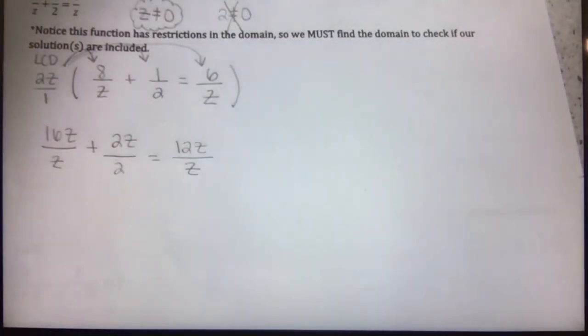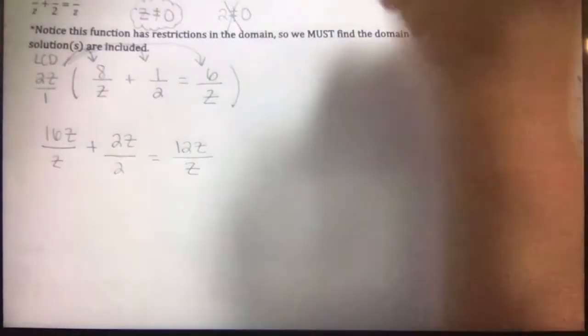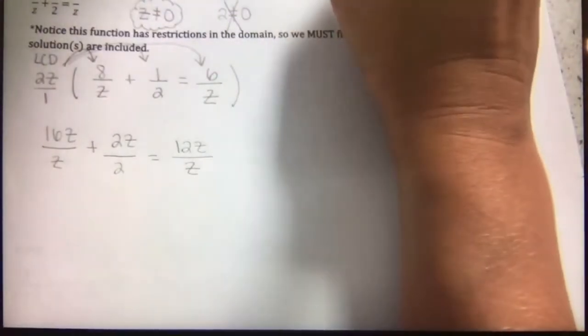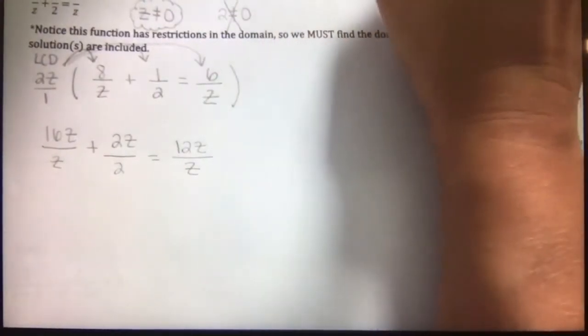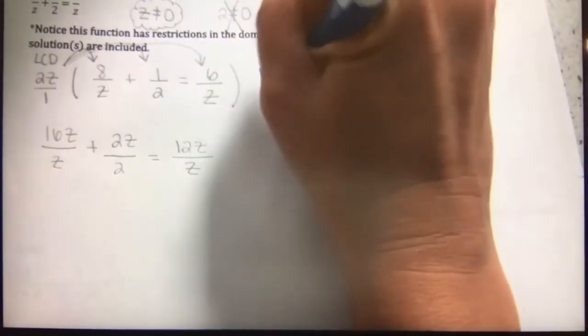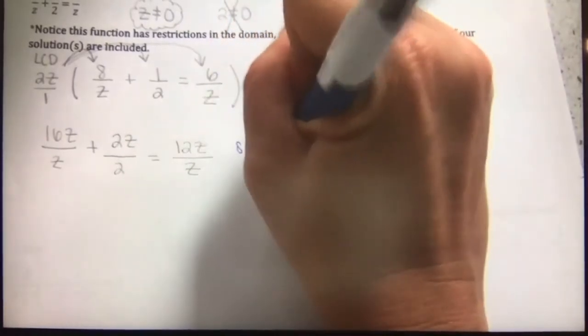So we found our domain and distributed our LCD. We're going to simplify, and our fractions should go away.